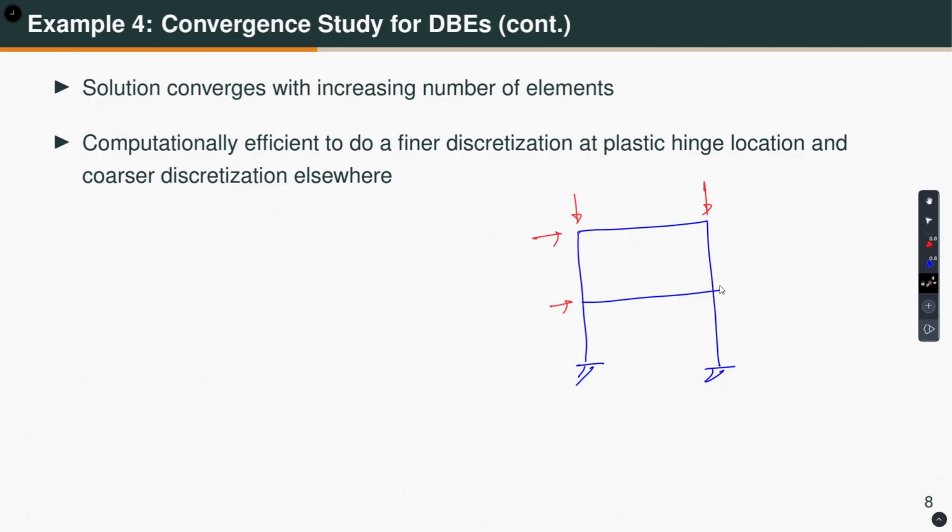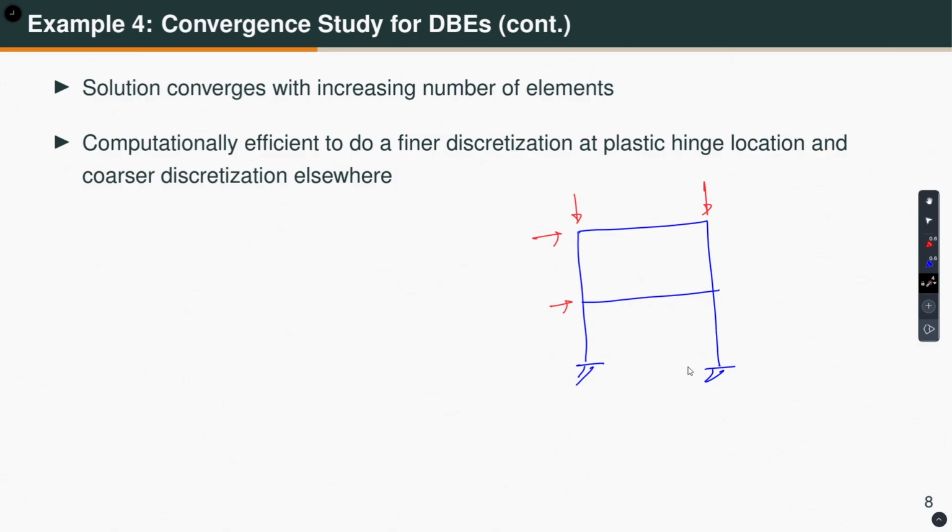So, it is computationally efficient if I have to use displacement based element to do a finer discretization where we know the plastic hinges are supposed to form. That means where your element is undergoing inelastic deformation. For example, here, here, here, here, I can do a finer discretization. Everywhere else, I can use longer elements, okay, and probably one element would be sufficient.